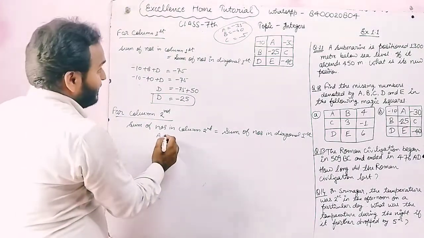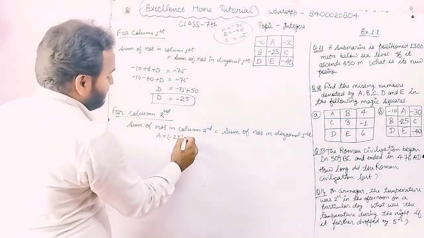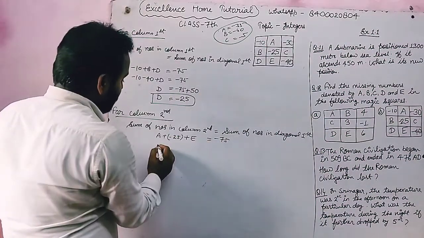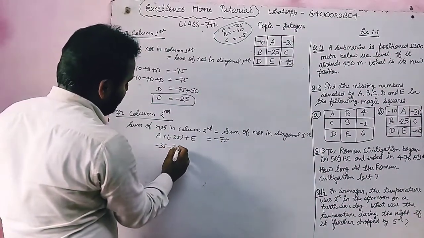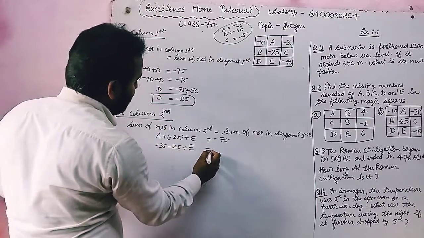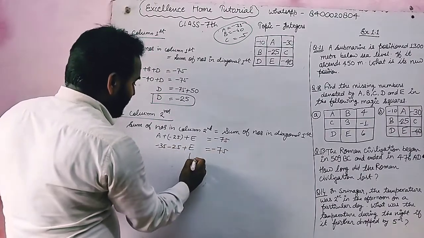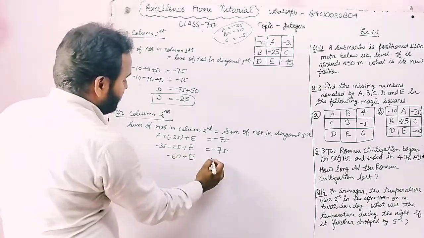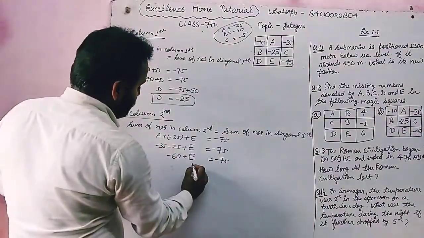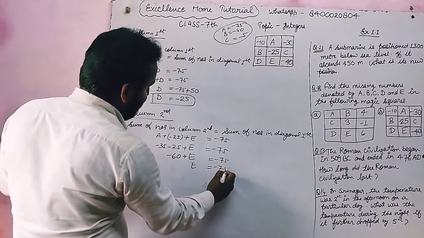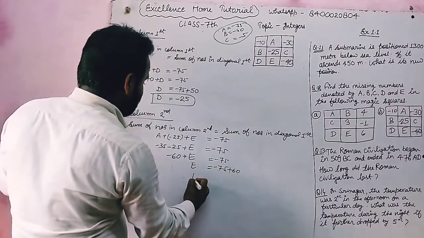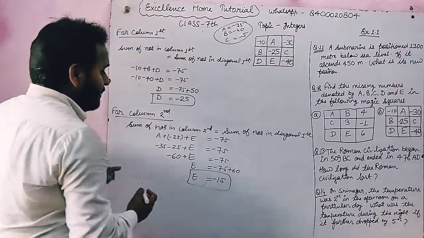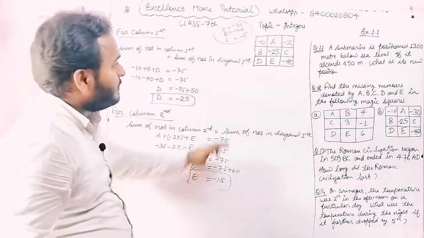So A plus minus 25 plus E equals minus 75. A's value is minus 35, minus 25, and plus E equals minus 75. After that, this is minus 60 after adding these numbers. So E equals minus 75 plus 60. That result is minus 15. So this is the result of E.